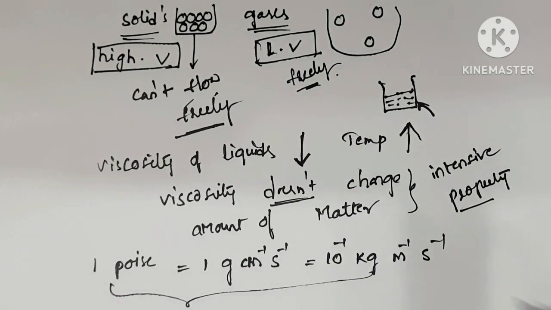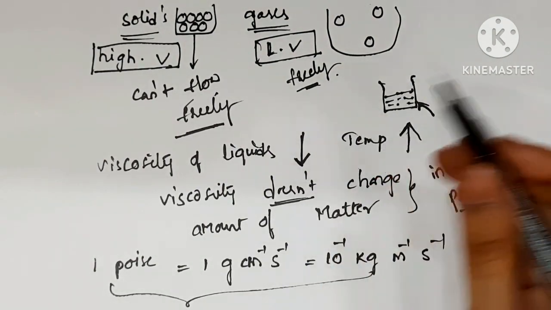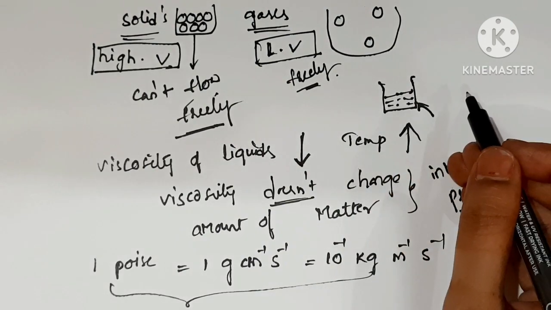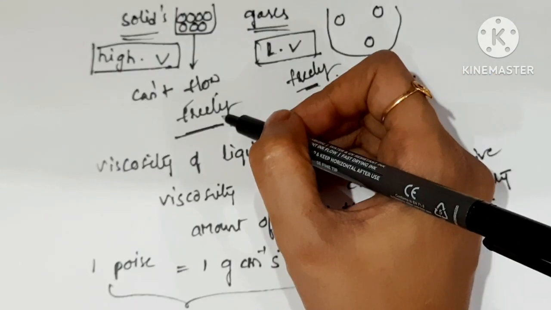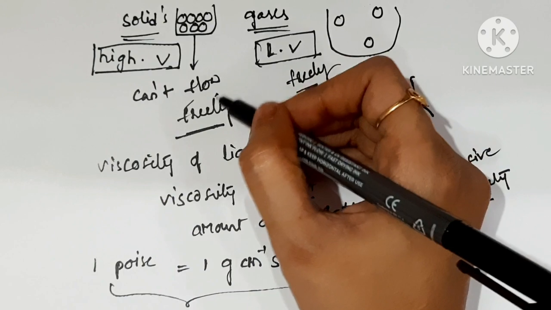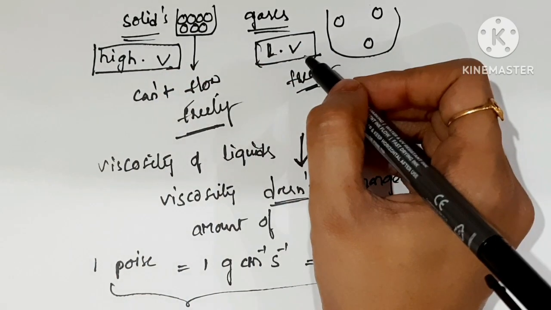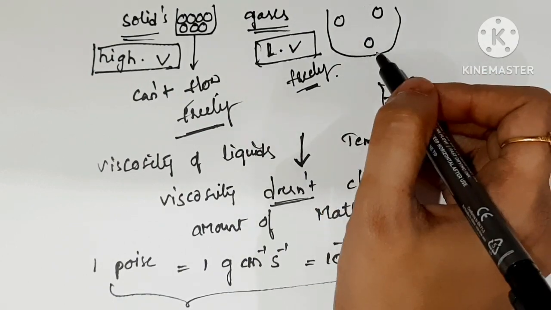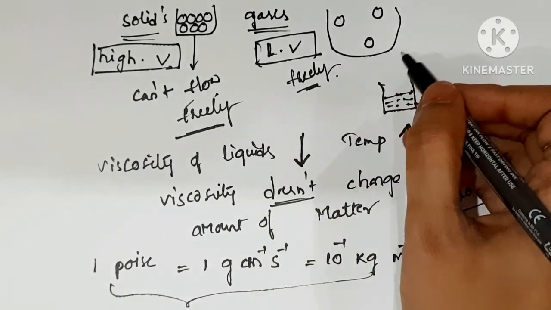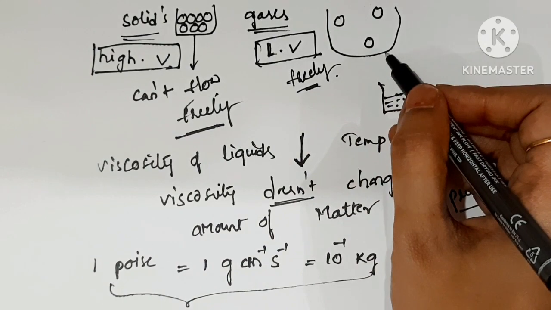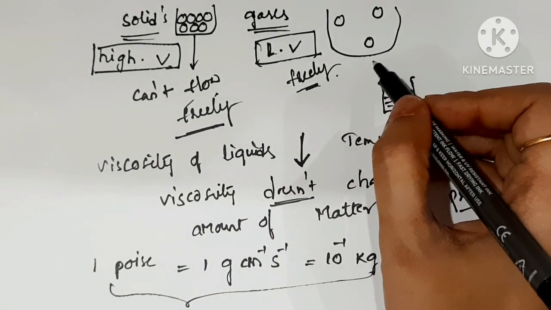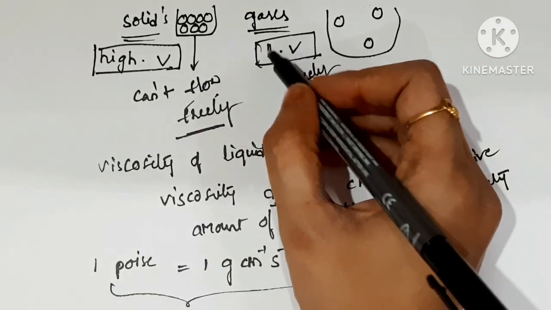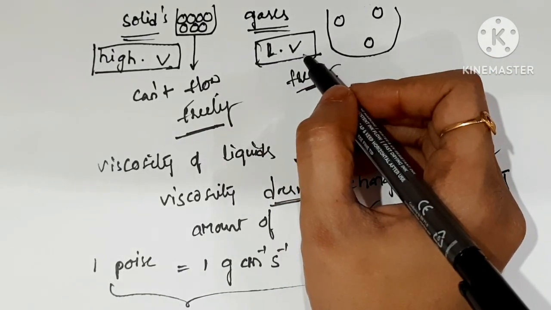So viscosity is nothing but a liquid's resistance to flow. If a liquid flows very freely, then low viscosity. You can take any liquid, and when we bend it, if it flows very freely, then lower viscosity.